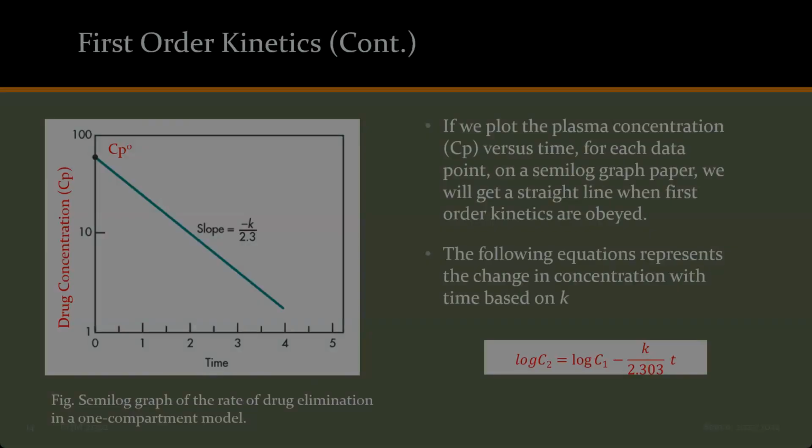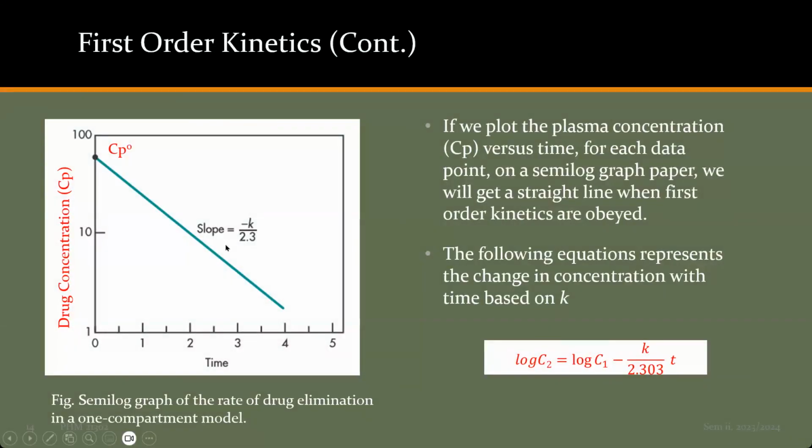Hope it is clear. So even in Excel, if instead of plotting ln CP versus time, you plot log CP versus time, then usually the slope is different by a factor of 2.3.